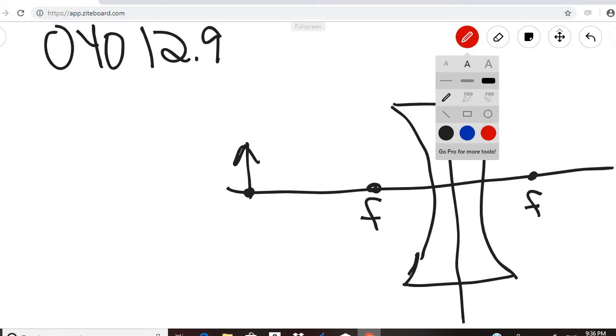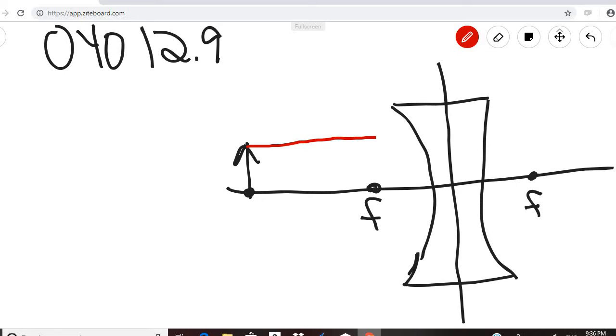The first one will go in horizontally until it reaches the center, and then it's going to diverge as if it came through this focal point. So it'll go out like that.